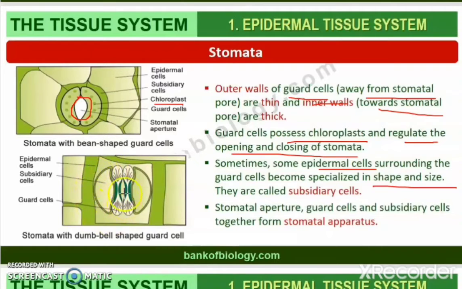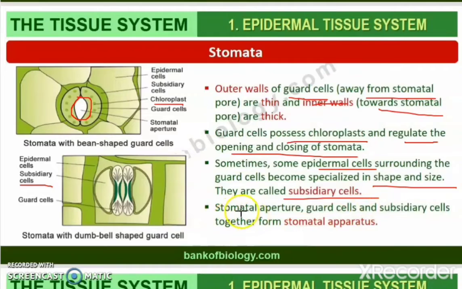You can see the dumbbell shaped stomata, and near that we are able to find the subsidiary cells. So what is the subsidiary cell? Some of the epidermal cells become specialized in their shape and size and are called subsidiary cells.